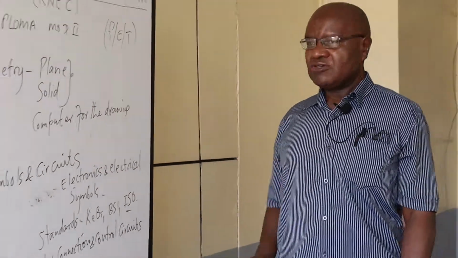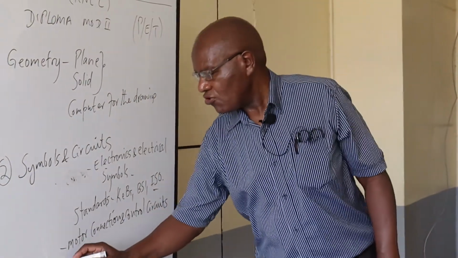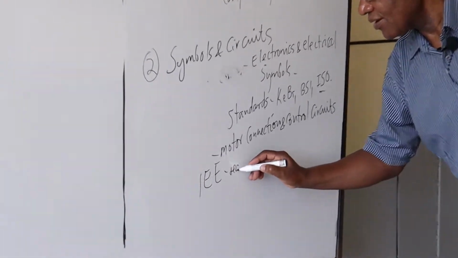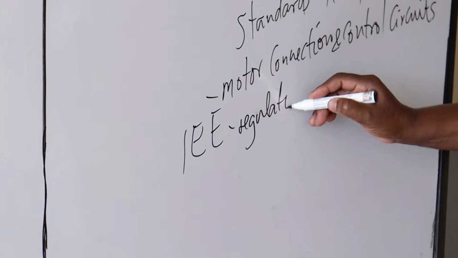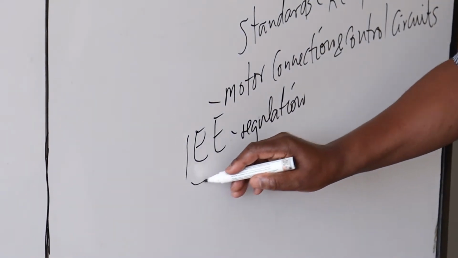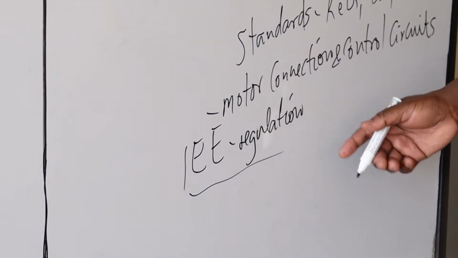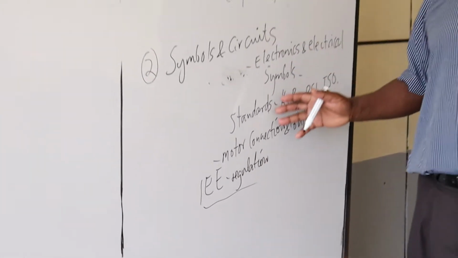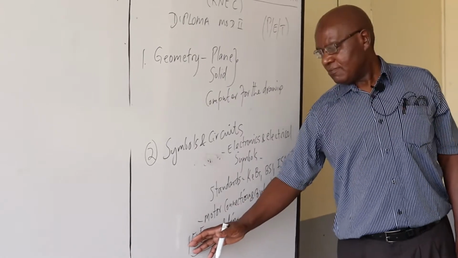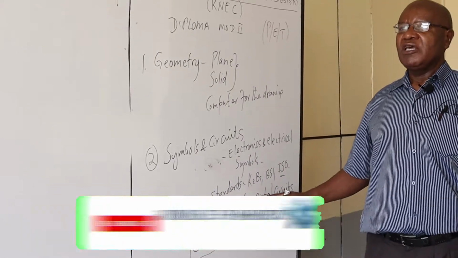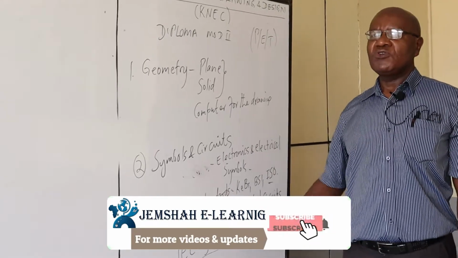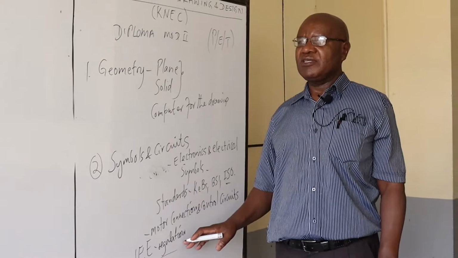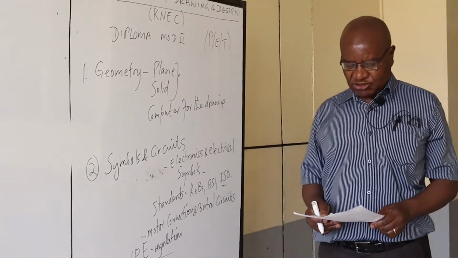But for our motor connections and control circuits, we'll be relying more on the IEE regulations, which I'm sure most of you have come across in your first year in Introduction to Engineering. IEE regulations are sometimes referred to as the Bible of electrical engineering. Anything you do in electrical engineering, they give some recommendations, which means if you follow the advice, what you do is assumed to be safe. So they are recommendations, they are not actually mandatory.